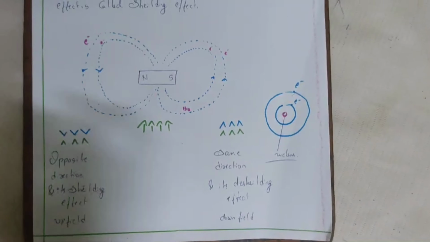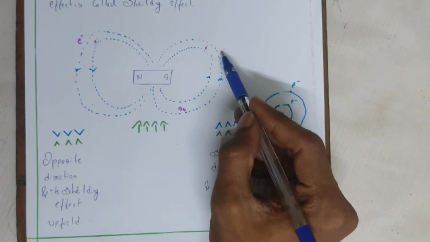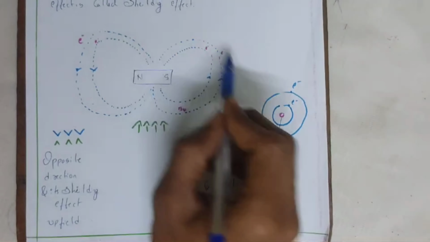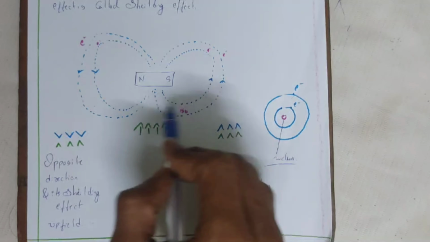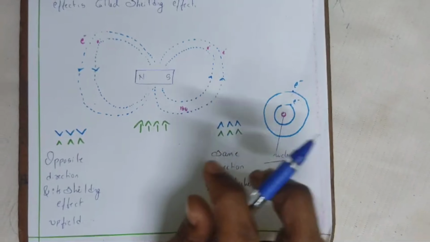Afterwards we can see these electrons which are revolving around the nucleus. When they revolve around the nucleus, they will produce some magnetic field.